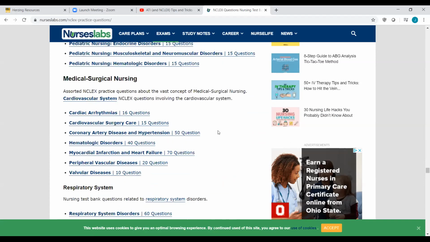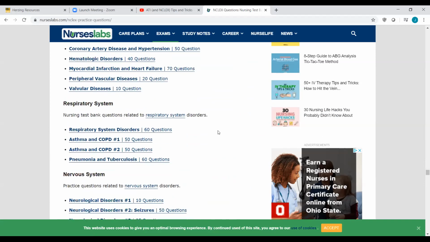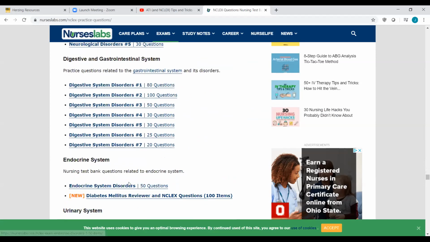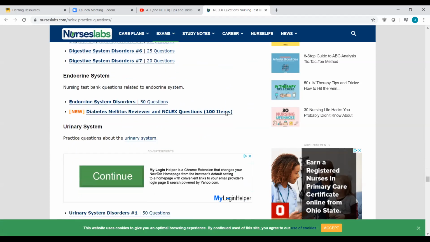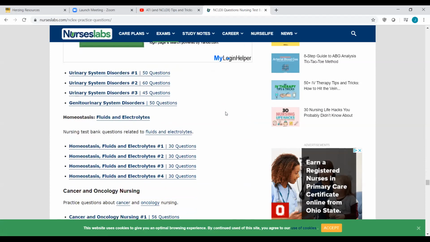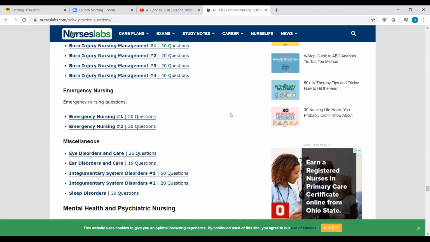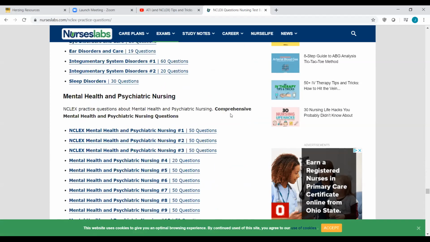So how we just talked about endocrine, you could go down through here and find endocrine right here. See, 50 questions. So whatever we're talking about specifically, you can go in here and see if you can find it. And here's fluid and electrolytes too. So that might be helpful to do some practice questions that way. Okay.